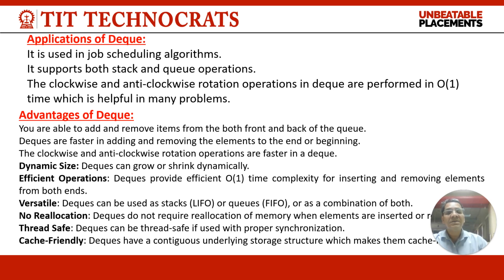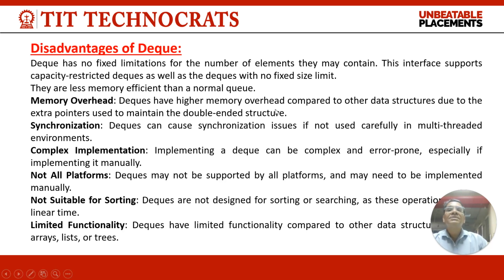Dynamic size: a deque can grow or shrink dynamically. Efficient operations: O(1) time complexity for insertion and removal of elements from both ends. Versatile, no reallocation, thread safe, cache friendly.